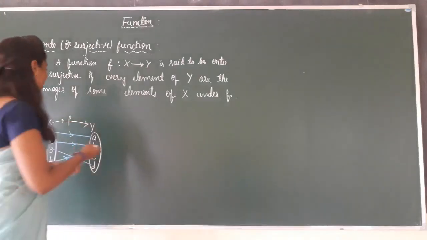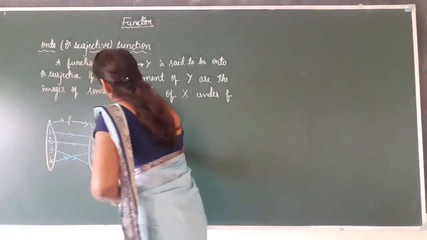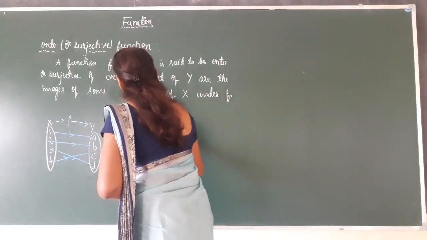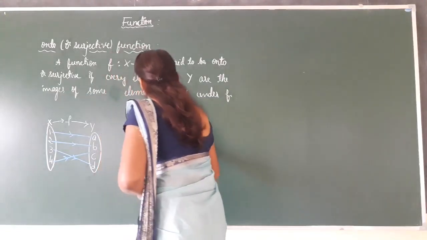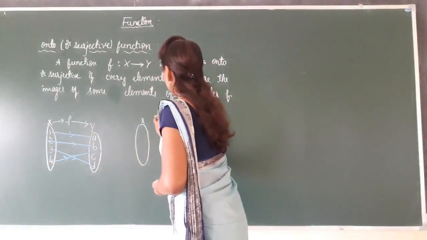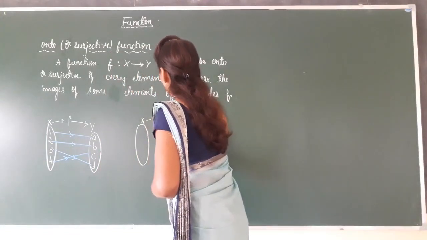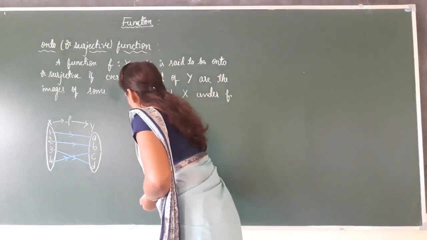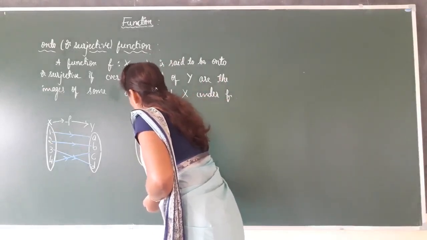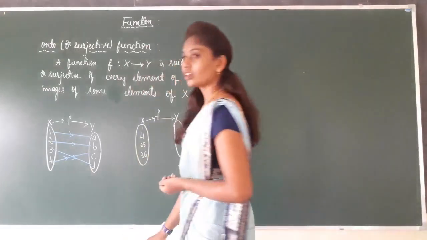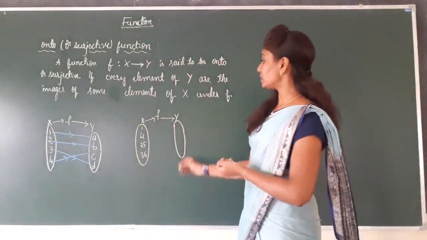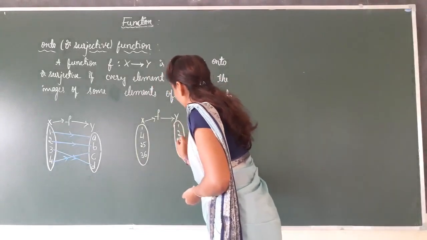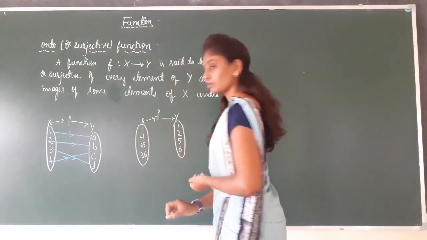So see another example. A function f from X to Y, X having the elements 1, 4, 25, 36, and Y having the elements 2, 1, 5 and 6.